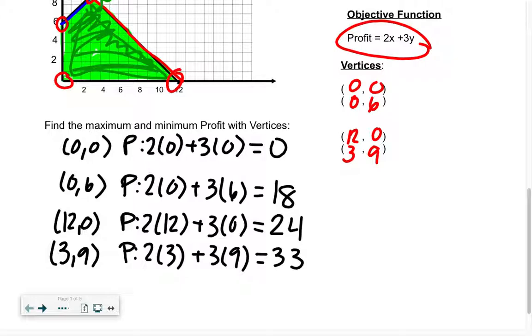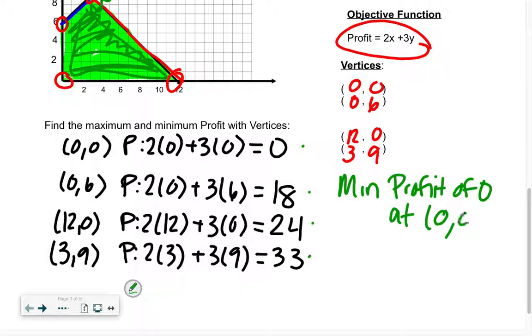Other questions? Okay. So then we look at our 4 final numbers. Which one's the lowest? 0. So we say minimum profit of 0 at our point 0, 0.